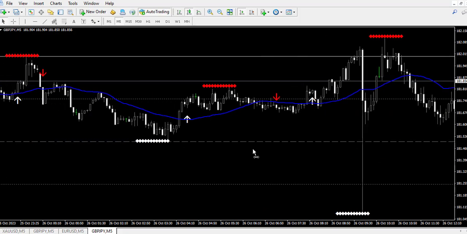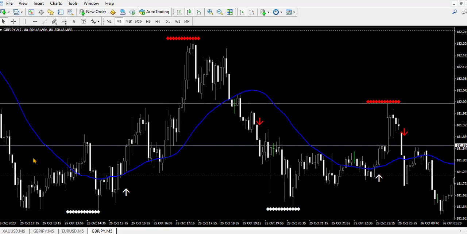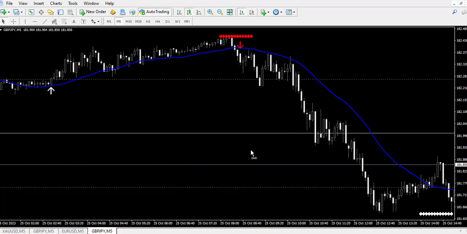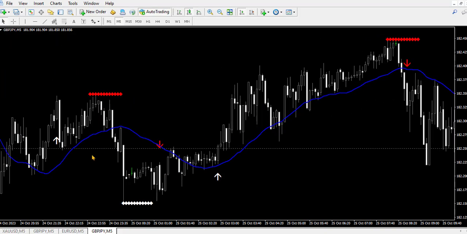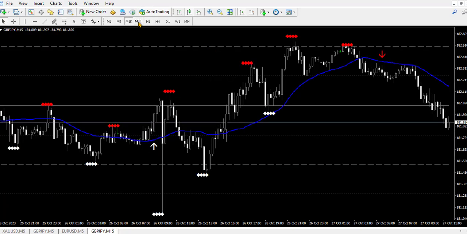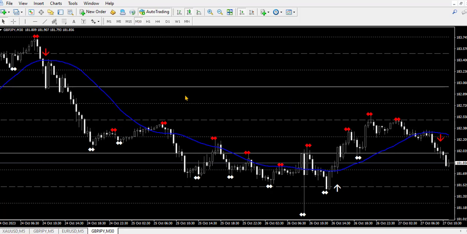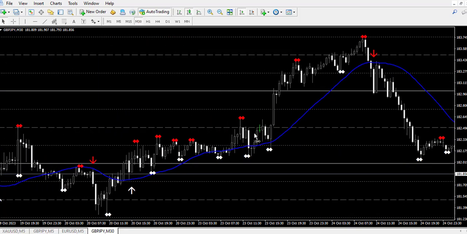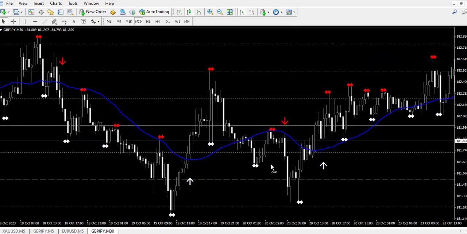So you can check the history and see how well it worked for you or what time frame you want to use. As I said, it can be used on any time frame you want. And here it is on the 30-minute time frame.